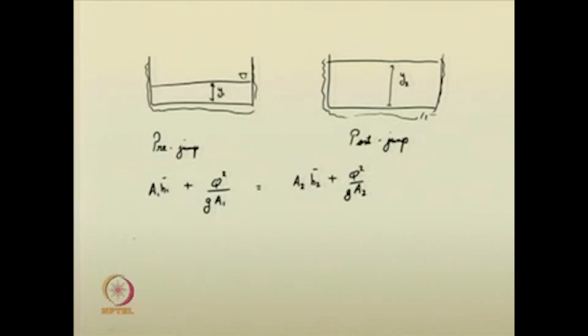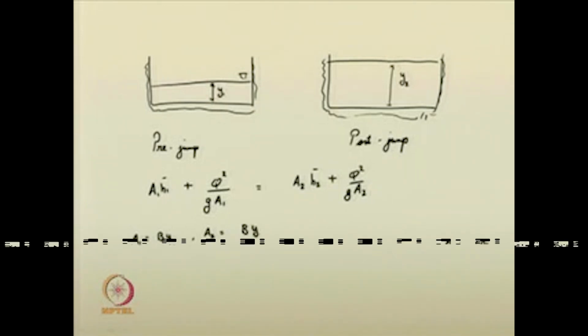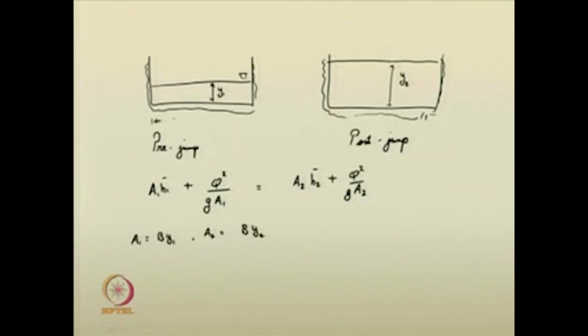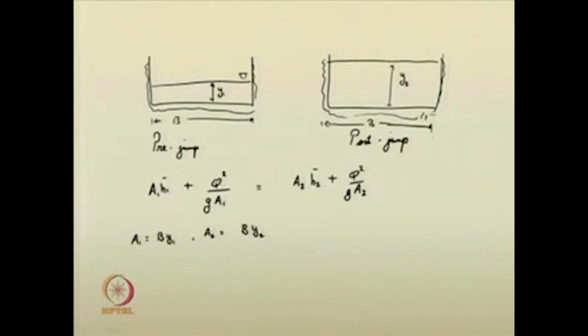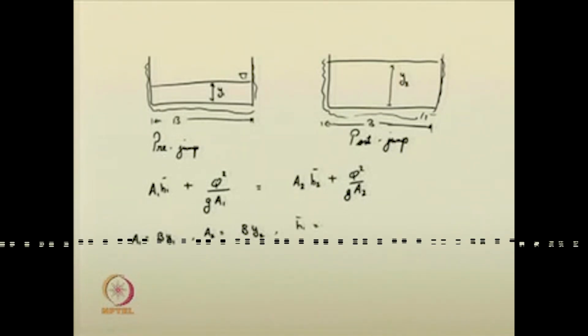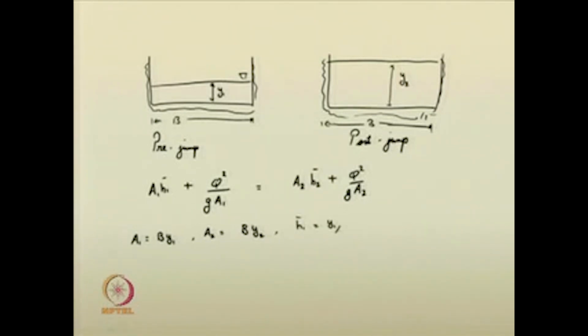Now, for the rectangular channel section, you know A 1 is equal to B y 1, A 2 is equal to B y 2, where B is the width of the channel, which will be the same at the upstream and downstream sections of the jump. Then h 1 bar for the rectangular channel is nothing but y 1 by 2, and h 2 bar is equal to y 2 by 2.